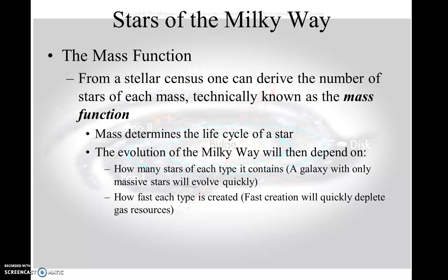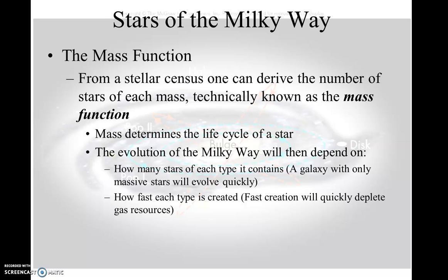The stuff that we had back in chapter 13. So remember, stars that are higher up on the main sequence on the HR diagram are more massive, but they'll go through their life cycle much faster.